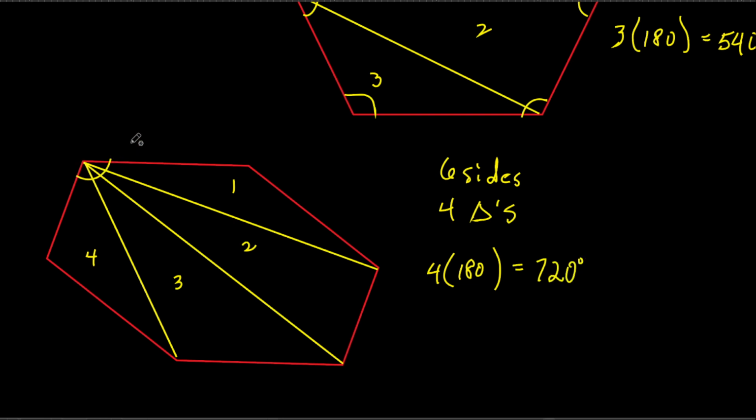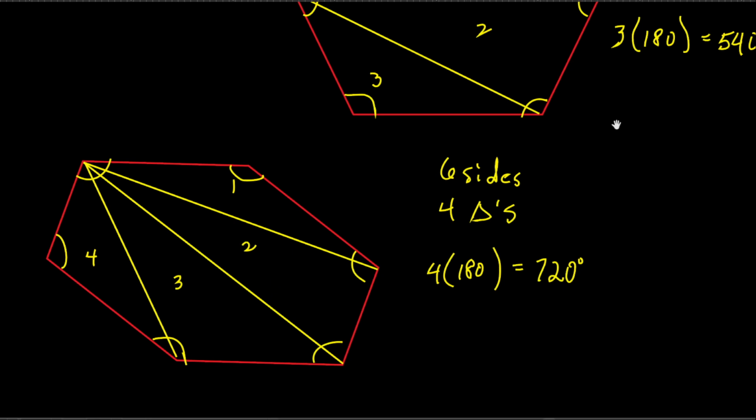It means if I add up that angle, plus this one, plus this one, plus this one, and this one, all 6 of those angles, it's always going to add up to 720 degrees. Any 6-sided figure, doesn't matter what shape, what the lengths of the lines, what the angles are, they're all going to add up to 720 degrees every time for a hexagon.